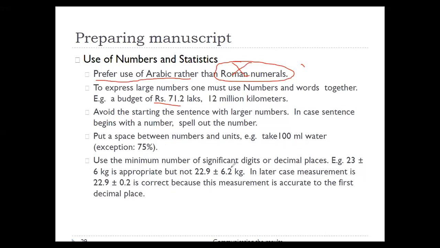Then, त्याच्यानंतर काय, significant figures use केले पाहिजे. Use the significant figures, right? For example, if you are expressing a number as 23 kilometer, whole number, then plus or minus 6 is more significant, instead of expressing 22.9 and plus or minus 6.2, which is not very convenient.